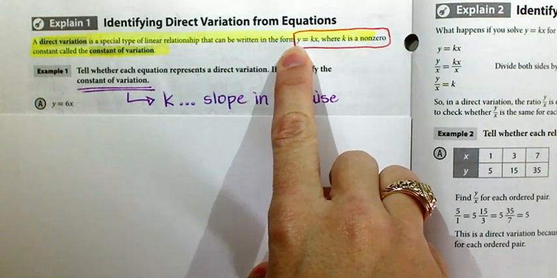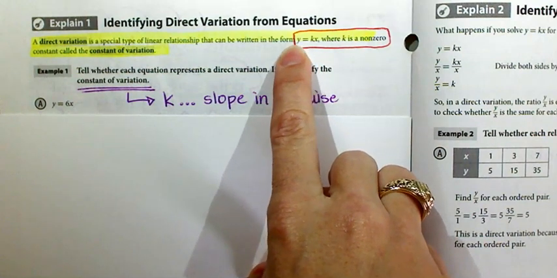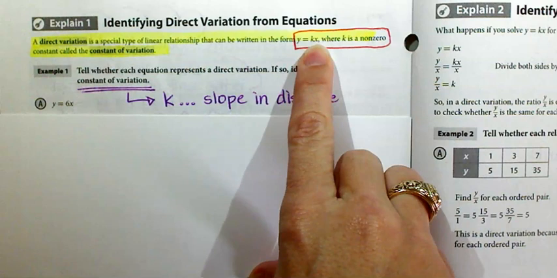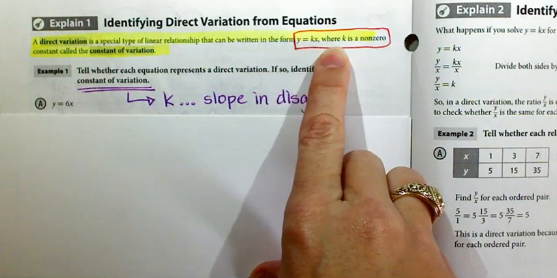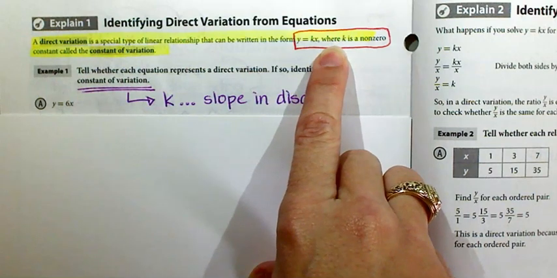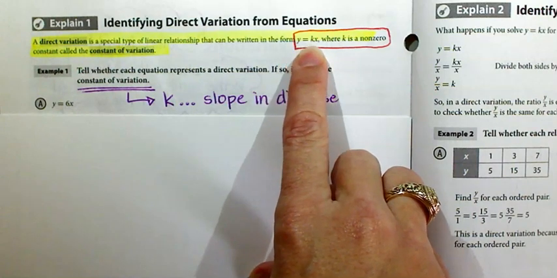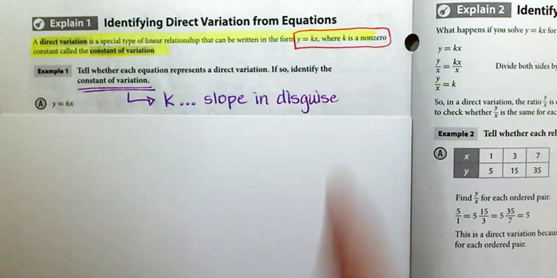Sure. And then you start wondering, well, what about y equals mx plus b? Well, b is 0 if it's a direct variation, because remember, it's running through the origin. And so y equals kx, y equals mx plus 0, that's all the same thing.